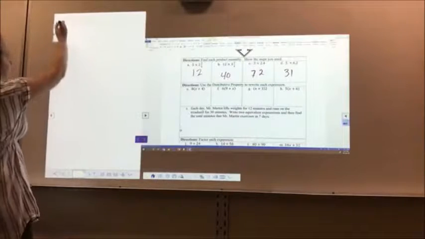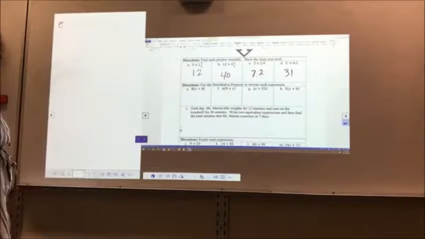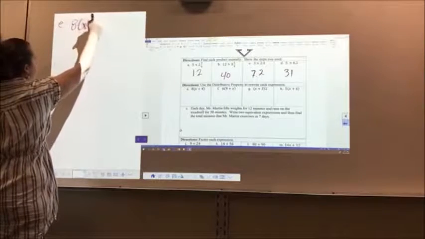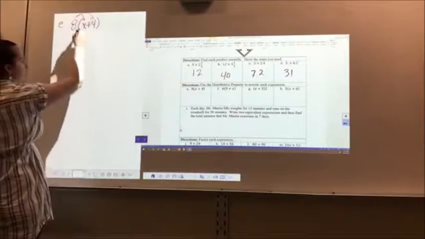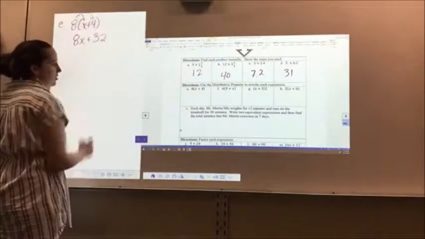Letter E. So for letters E through I, use the distributive property to rewrite each expression. So I have 8 times x plus 4. So I'm distributing the 8 to each of the terms inside. So I get 8x. 8 times 4 is 32.